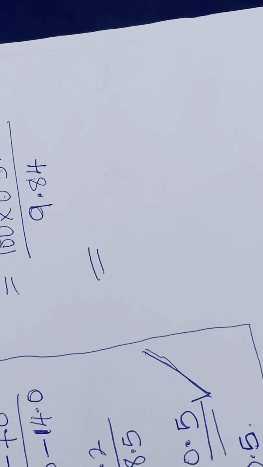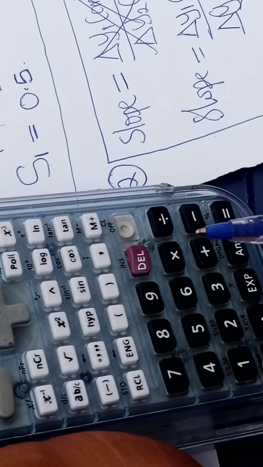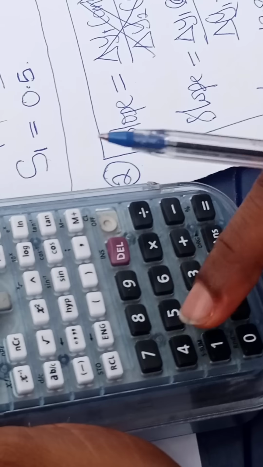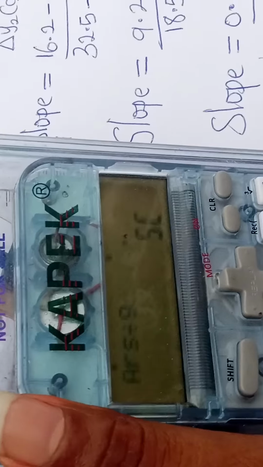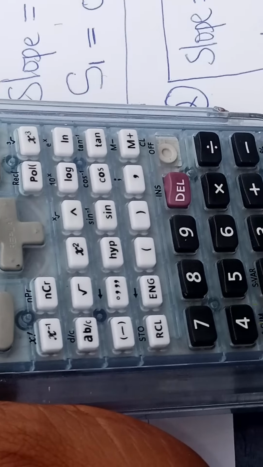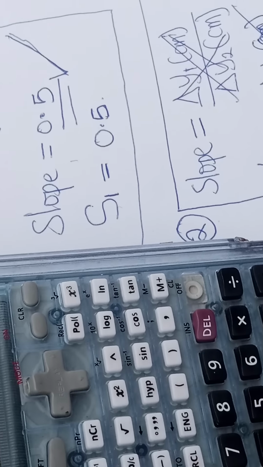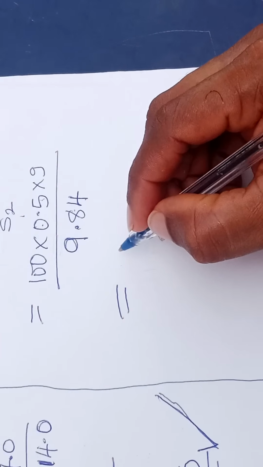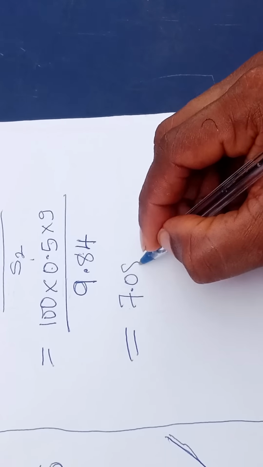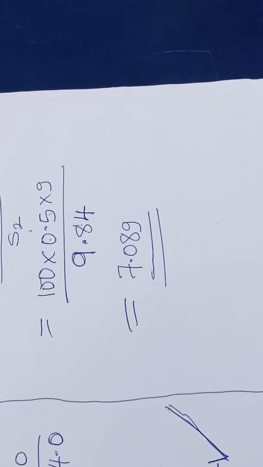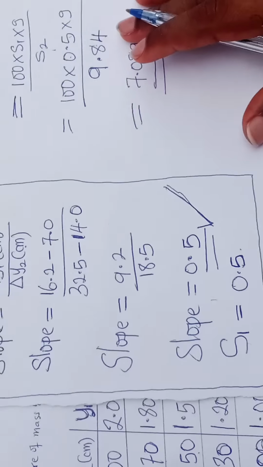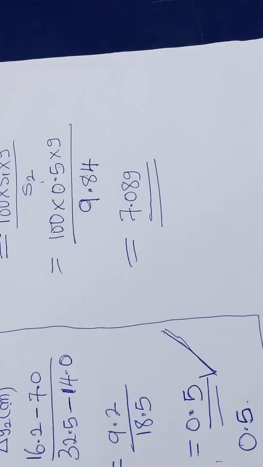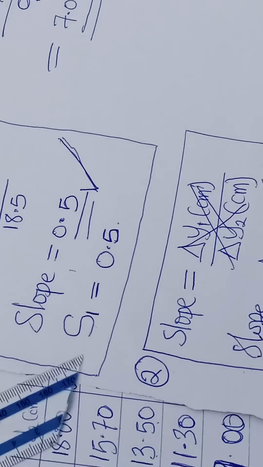I have that 100 times 0.5 is equal to 50, divided by 9.84. So what I have is 7.08. So I'm going to have this to be 7.08 grams. That is exactly what I am going to have.